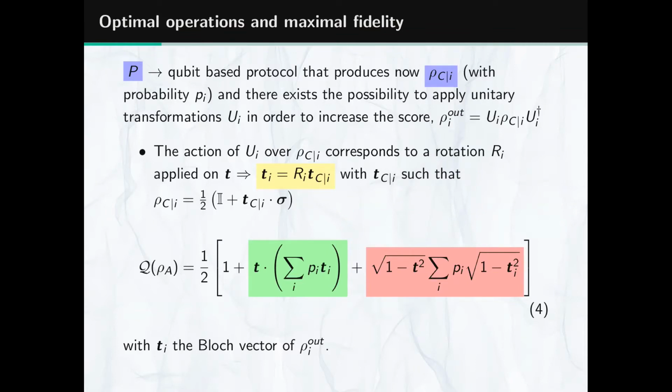Now the fidelity, the similarity, depends on two parts, the green and the red one. Can we see that this part is independent of the unitary operations? Then if we want to optimize this quantity, or the average of this quantity over optimal unitary operations, you need to optimize just this scalar product.